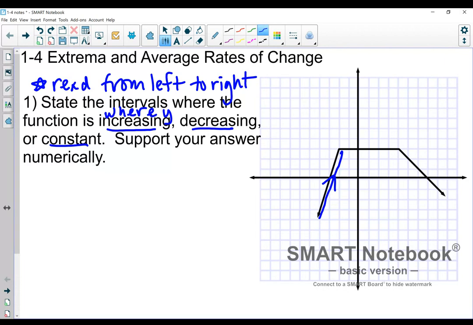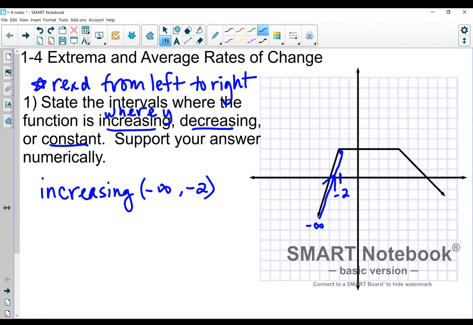So this first piece of the function that I've already identified as increasing, we know that this end of my graph goes, on the left-hand side, to negative infinity. And it goes up to this point right here. And that point, if I trace it down to my x-axis, is at -2. So my graph is going to be increasing from negative infinity to -2.